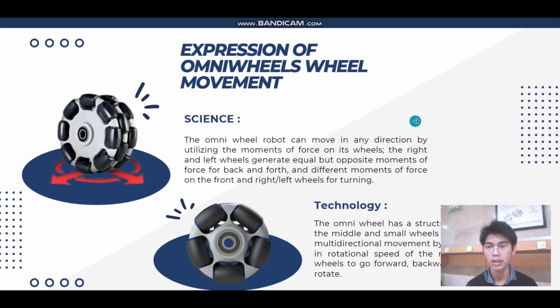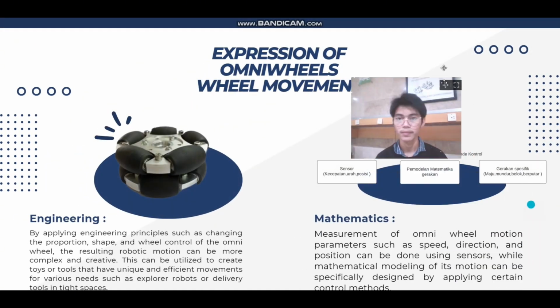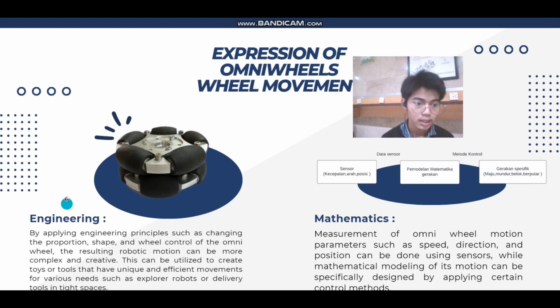Next, engineering. By applying engineering principles such as changing the proportion, shape, and wheel control of the omni wheel, the resulting robotic motion can be more complex and creative.